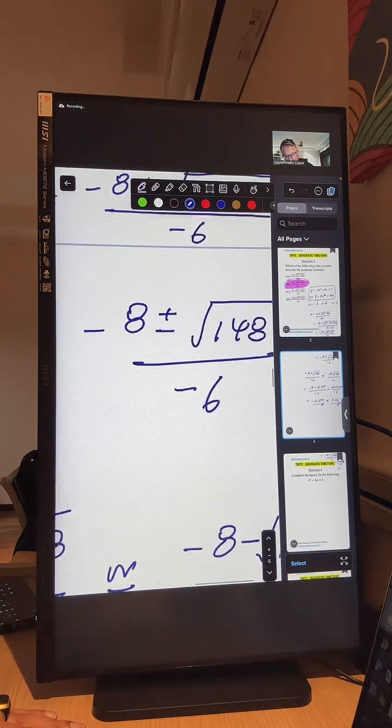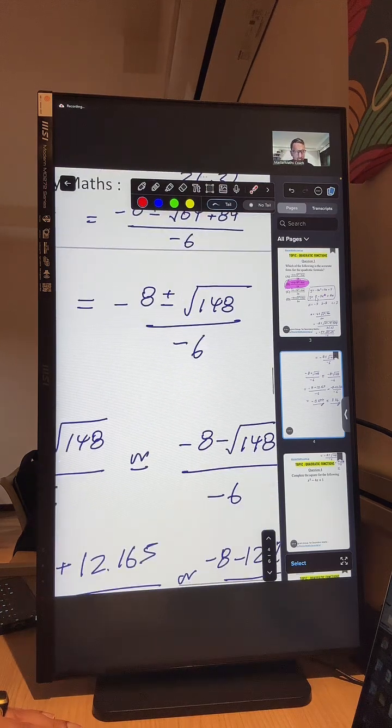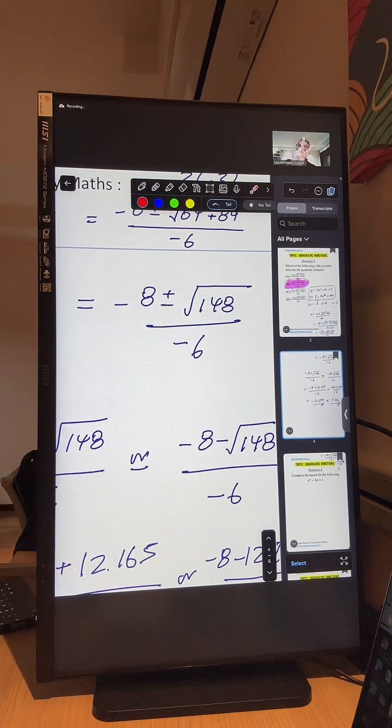What does this plus minus mean? Let me highlight this. Guys, what is this plus minus here? Plus minus here means that it can be minus 8 plus square root 148. It can also be negative 8 minus square root 148. So remember just now I spoke to you about how, when you solve quadratic equations, most of the time you will get two solutions.